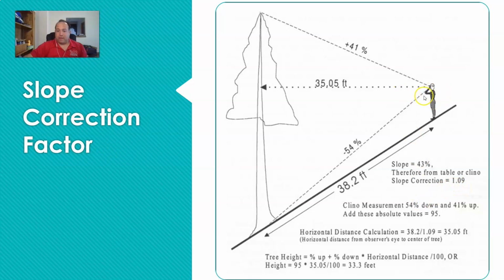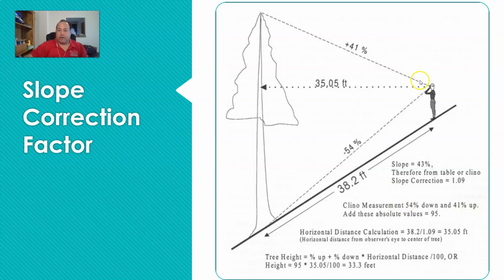So this person, they're only 38.2 feet away, and we're going to assume that they could only get that far away because there's other trees in the way, or it was too hard to see the top and the bottom of the tree. But we would know we'd want them to go back farther if they could, but you know, you got to do what you got to do.